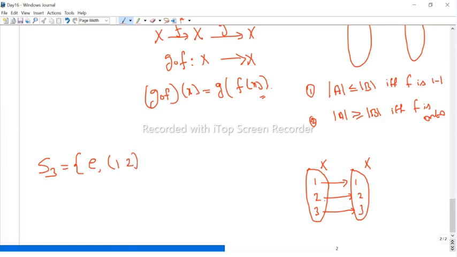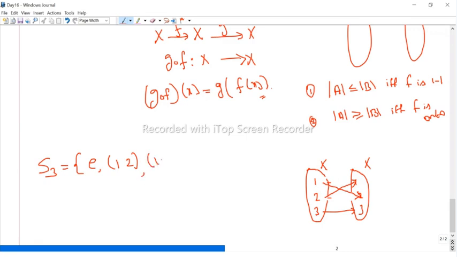That is 1 maps to 2, 2 maps to 1, but 3 is fixed, that means 3 goes to 3. This (1 2) is a cycle notation, meaning 1 goes to 2 and 2 goes to 1. But 3 is missing here, which means 3 goes to 3.